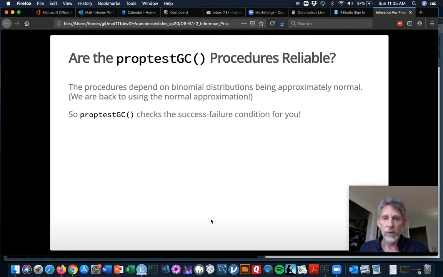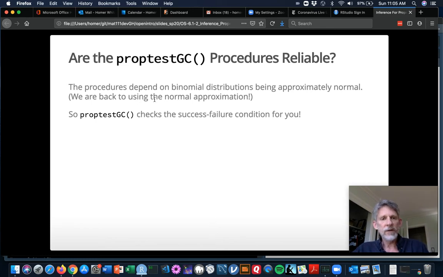This has to do with the check step when you're making a test of hypothesis or a confidence interval. We're not using those Klopper-Pearson methods. The methods in proptestGC are relying on the fact that the binomial random variables for the number of guys and the number of gals who said yes are approximately normal.